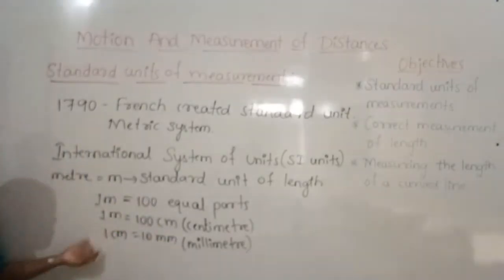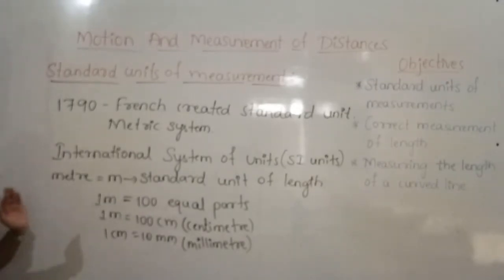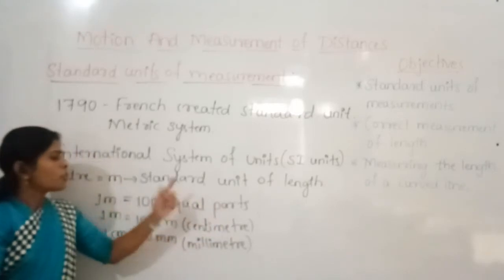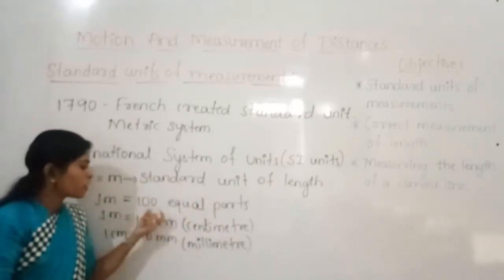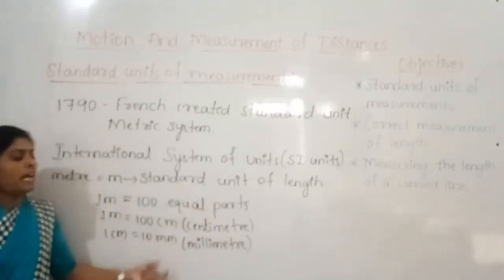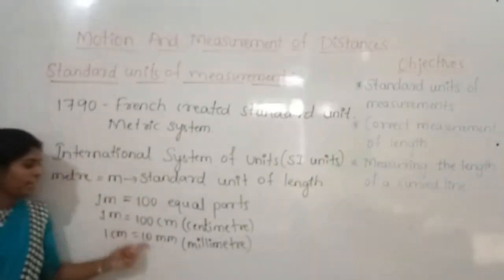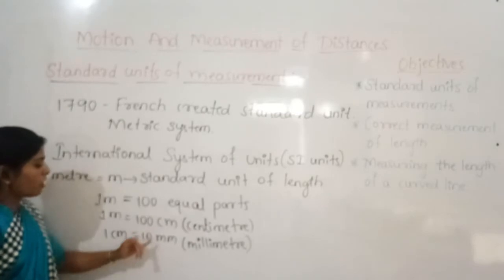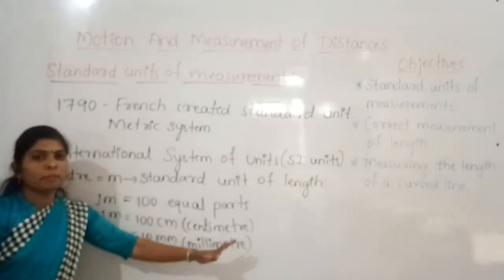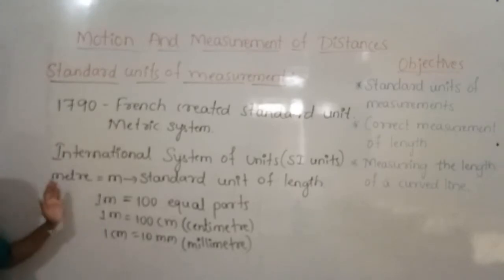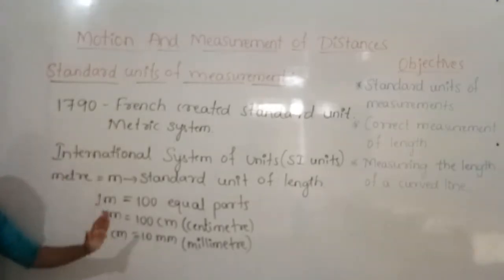If we see the 1 meter scale, it has 100 equal divisions, 100 equal parts. Each part is equal to 1 centimeter, and again 1 centimeter is divided into 10 equal parts, so that we call 10 millimeter. So this is how we measure.